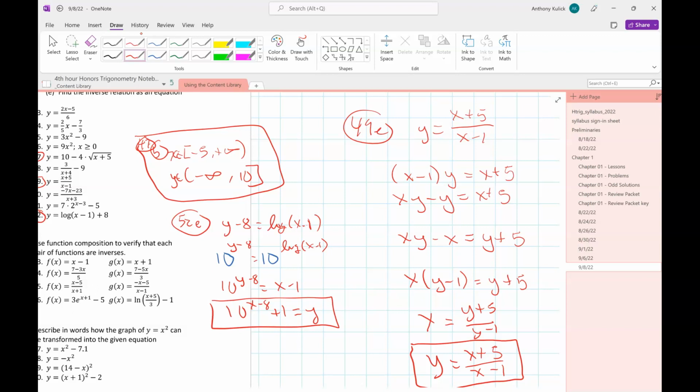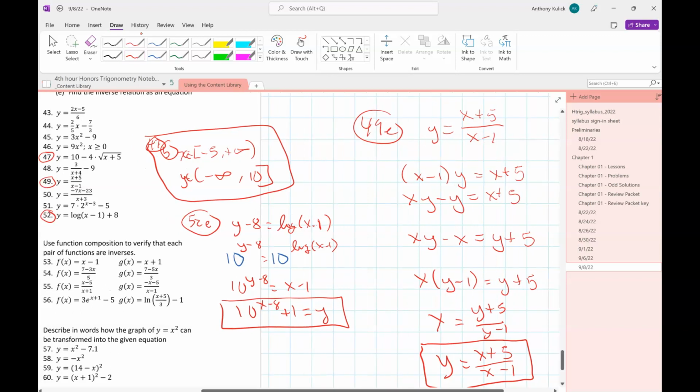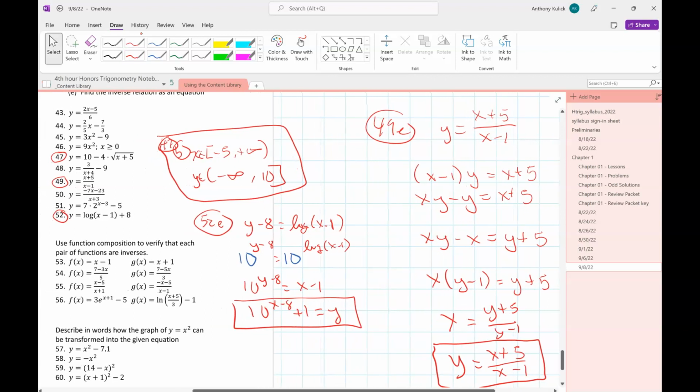Sophia, what was the domain and range for 48? The domain would be, let's just write it down here, negative infinity to -4, union -4 to positive infinity. So everything but -4.